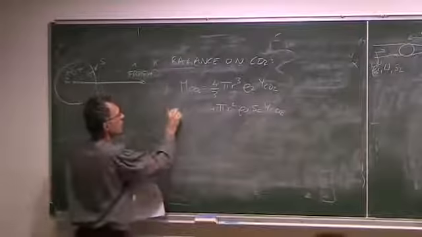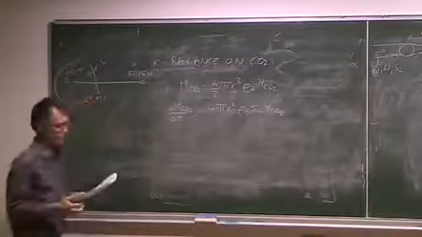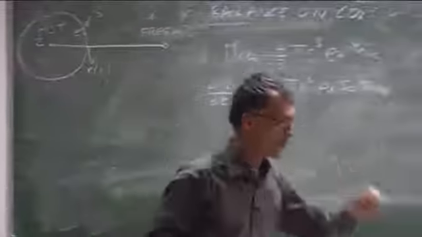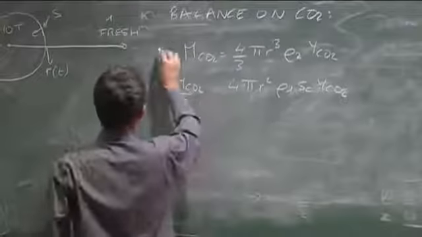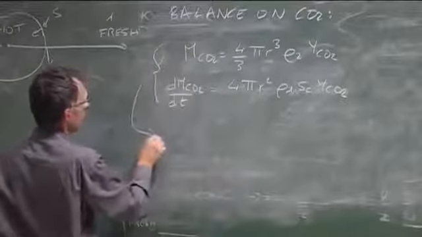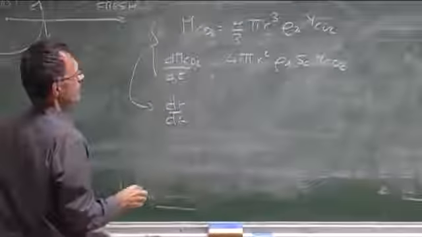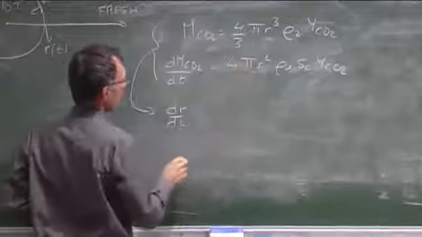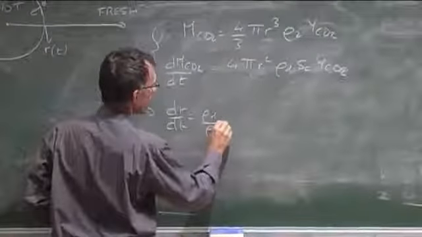So this has to be equal to the derivative of the mass of CO2 versus time. So if you just use these two things together, you find dr/dt coming from the derivative of this guy, the 4 pi r squared simplify, and you find dr/dt equal ρ1 over ρ2 SC.